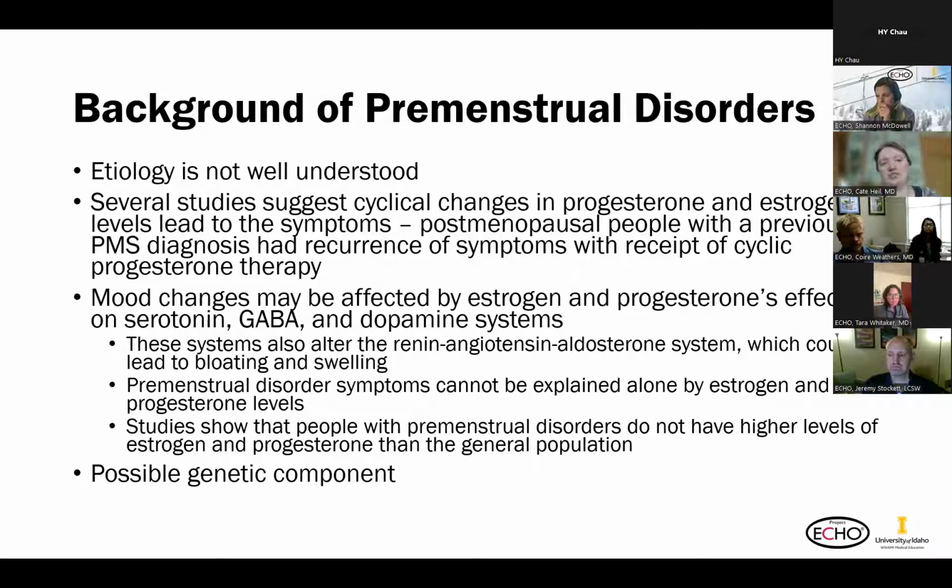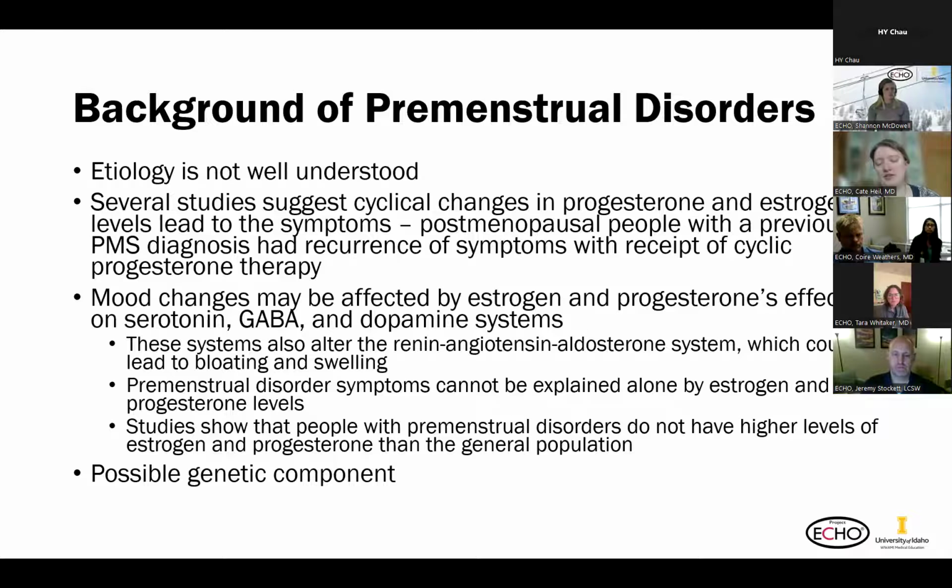The etiology, or the exact causes, of premenstrual disorders is not very well understood. We think that from several studies, it seems like there is definitely something to do with the cyclical changes in progesterone and estrogen.